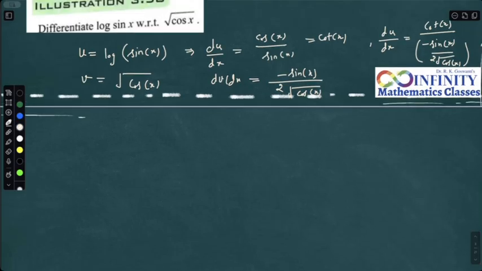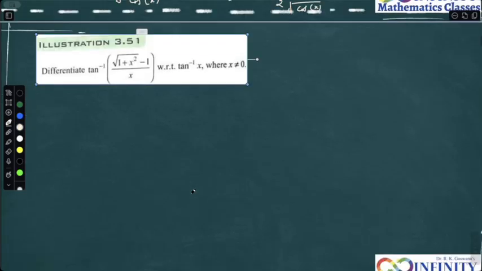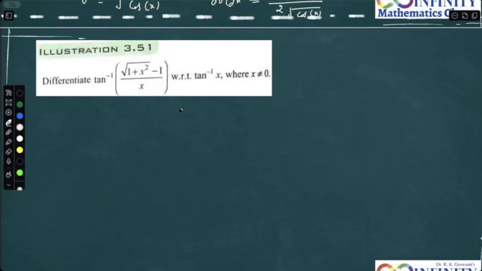Right? Now onwards, I'm interested in this type of question, and in exercise 3.6 you will see questions like this. So you have a trigonometric expression, let me denote it by u: tan inverse of square root of 1 plus x square minus 1 divided by x.